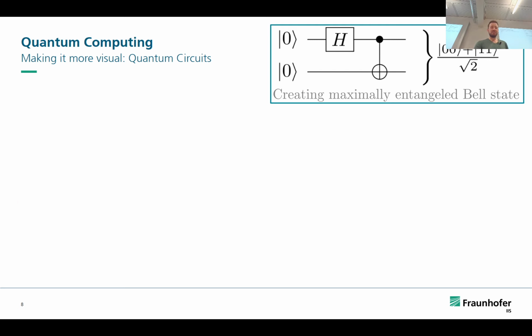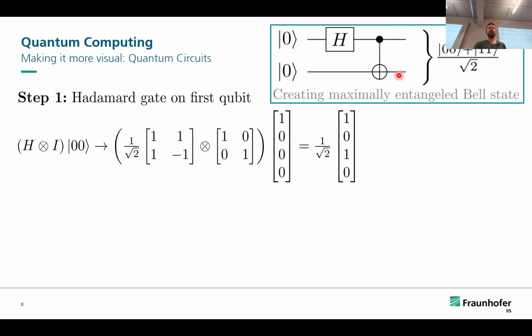So I will just go over that very briefly. How we typically describe our quantum algorithms are those quantum circuits. This is just a very simple example where we can create a maximally entangled state. We will soon see what this means. Basically all quantum evaluations are just linear algebra. So we start in the all zero state, which we can denote by this column vector here.